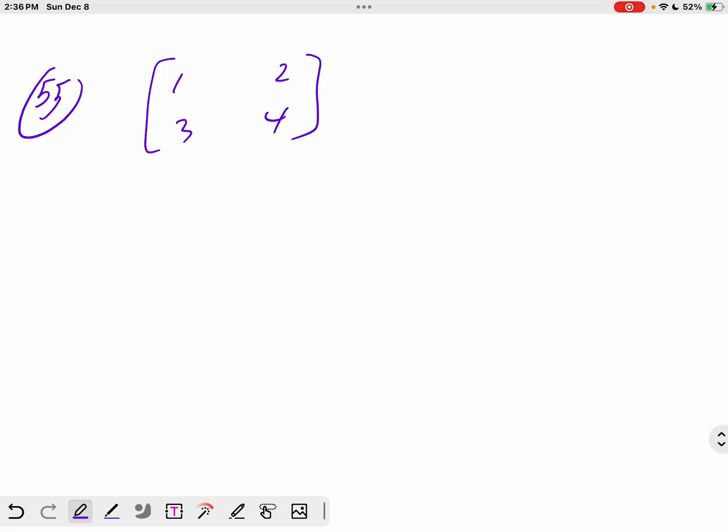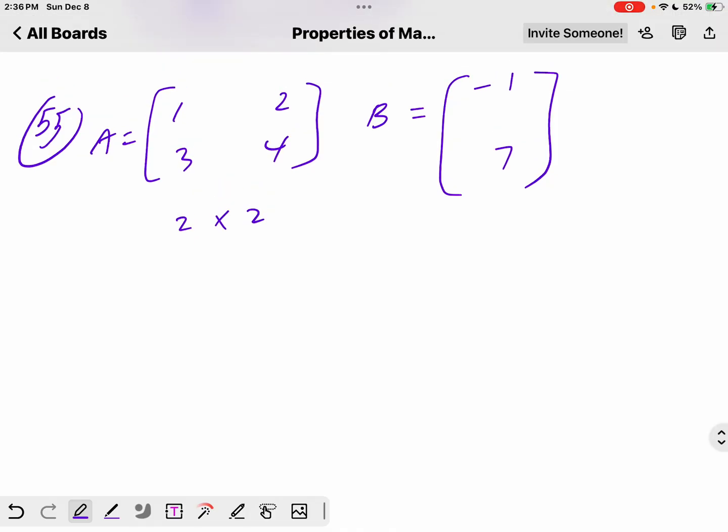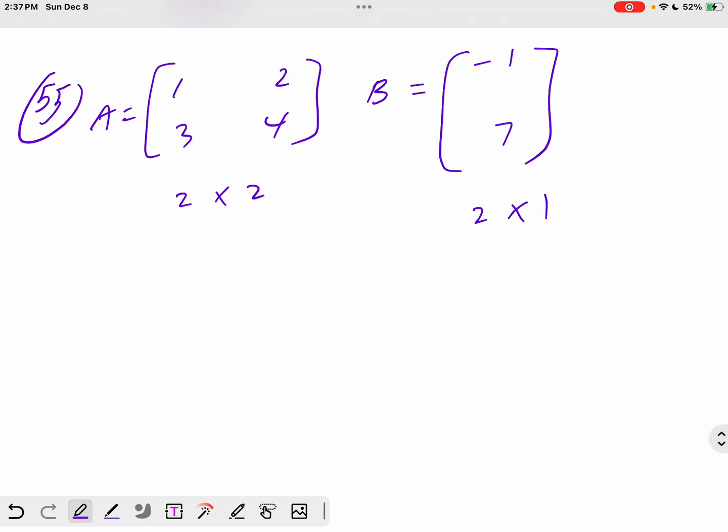So it's 1, 2, 3, 4. So this is a 2 by 2 matrix. This is A. B is negative 1, 7, which is a 2 by 1 matrix.